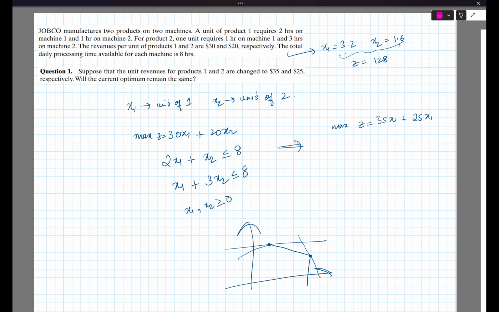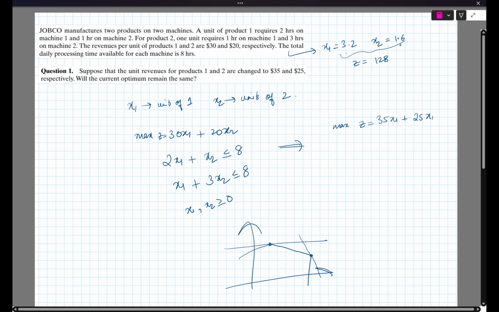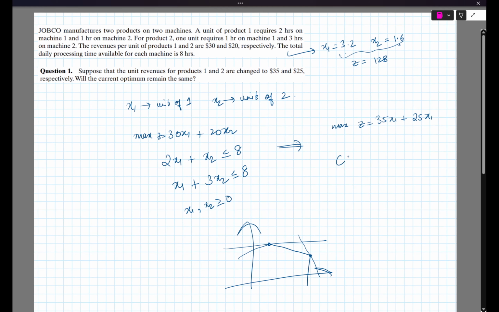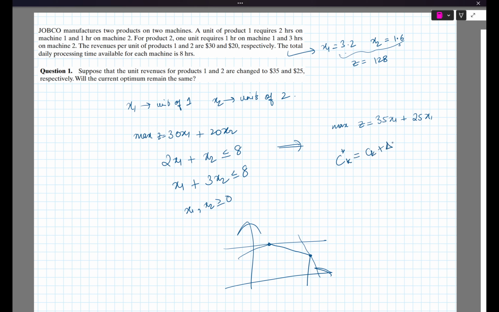One of the things that was discussed is, if your modified objective is ck plus delta ck, and the k that you have changed is not a basic variable, then the optimal solution will remain unchanged.